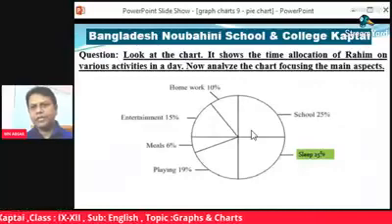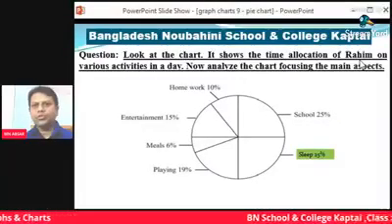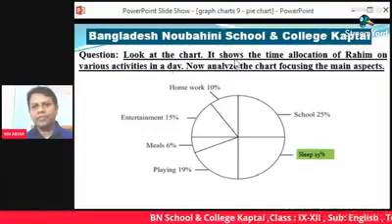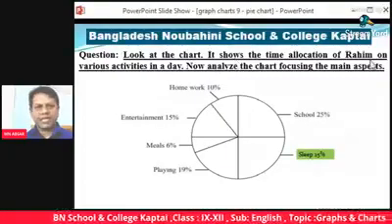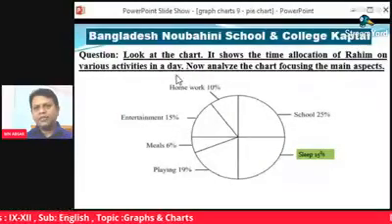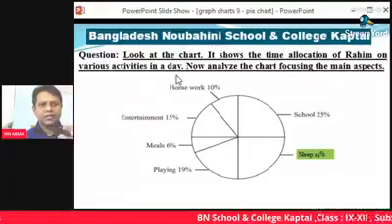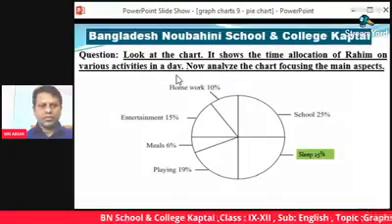Rahim is a boy, a student like you. So it shows the time allocation of Rahim on various activities in a day. Now analyze the chart, focusing on the main aspects of the total chart, I mean pie chart.